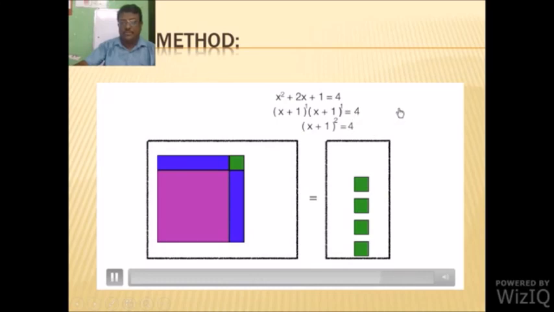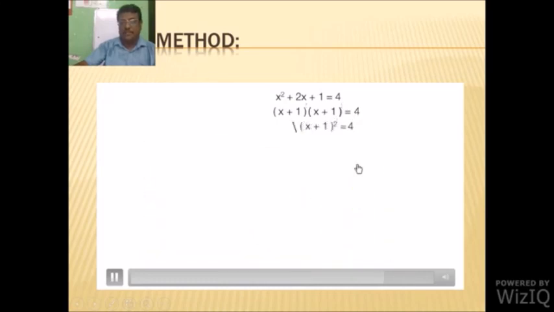Now it can be solved. How do you solve this? By taking the square root on both the sides. So when you take the square root on both sides, what will happen? This becomes x plus 1. We will have two roots. What is the value of root 4? That is 2 and minus 2. X plus 1 equal to 2 or x plus 1 equal to minus 2.